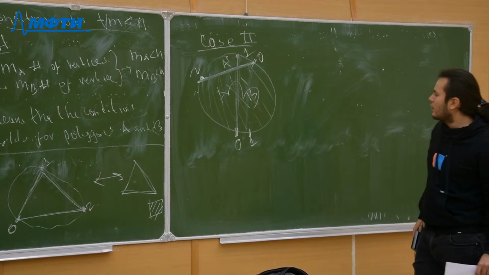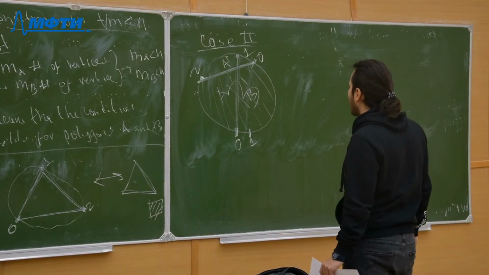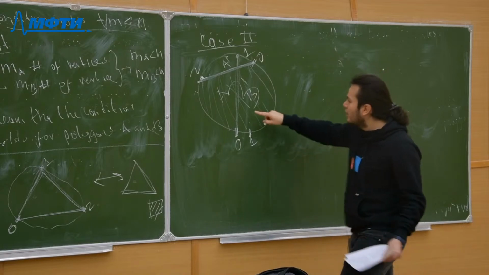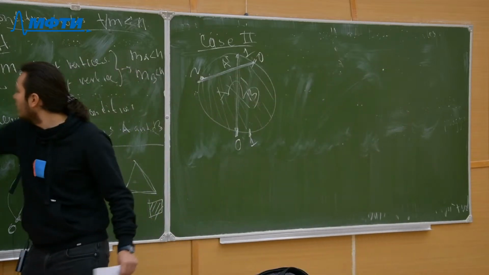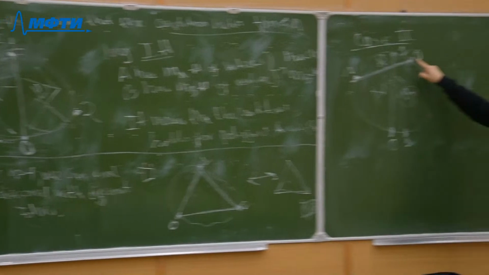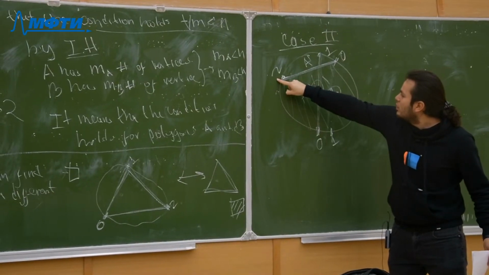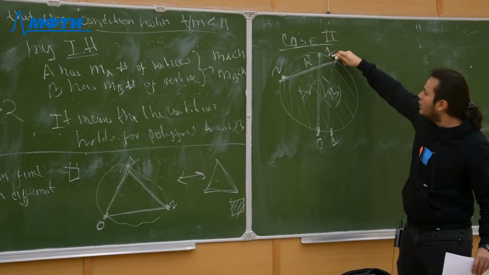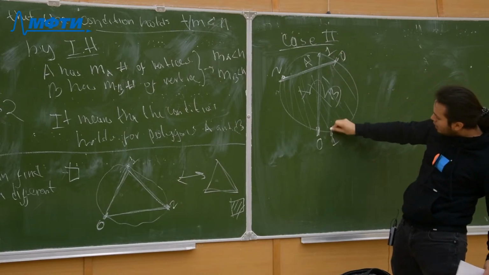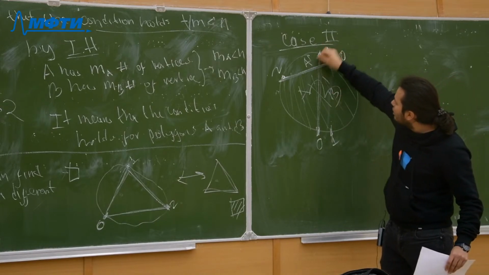And now I have this case, right? Because I have 0 and 2 dividing this polygon, and I have the color 1 here, and I have the color 1 here.